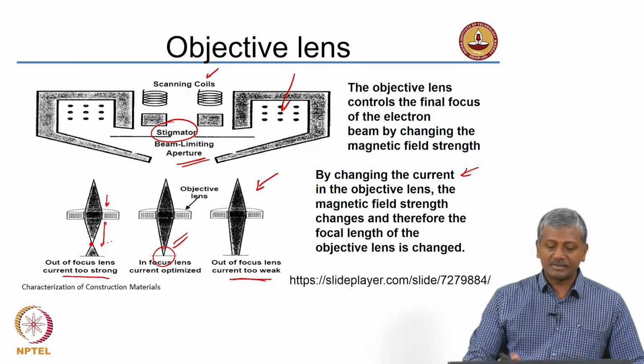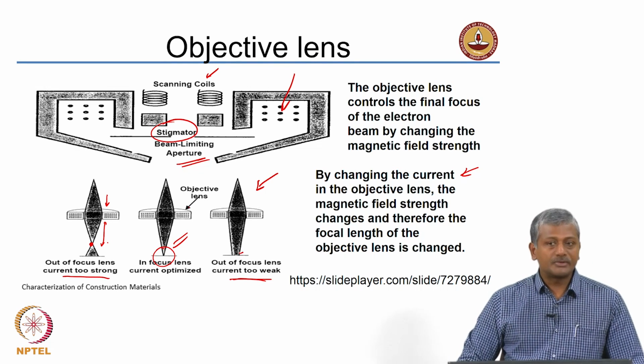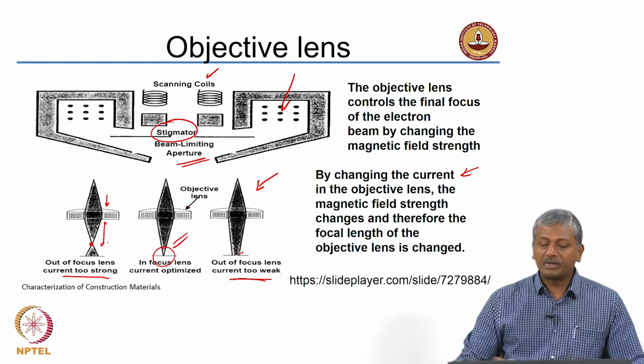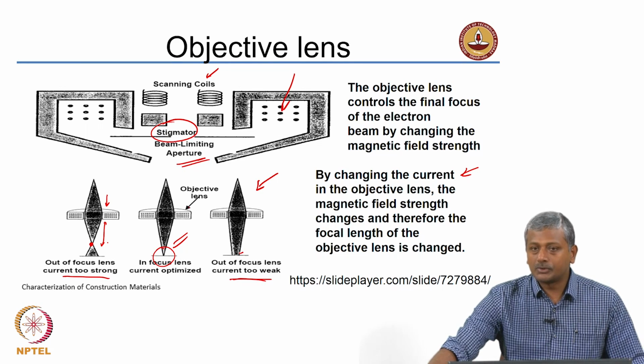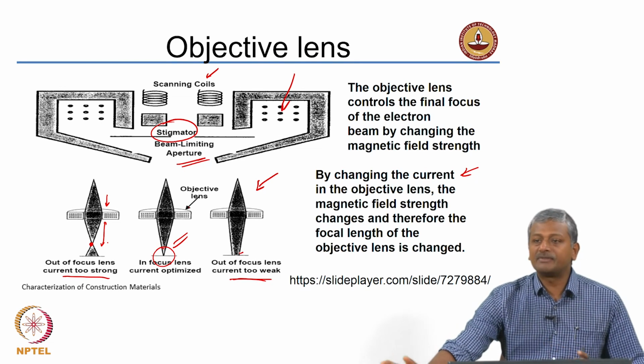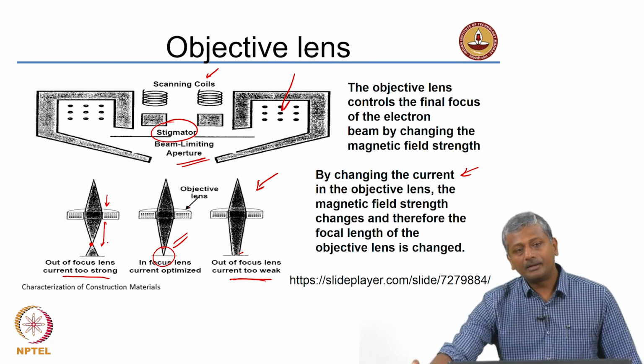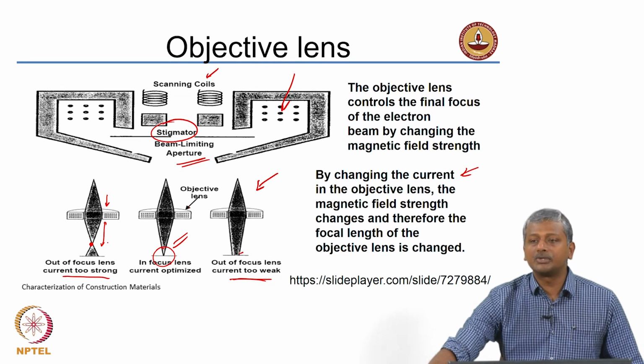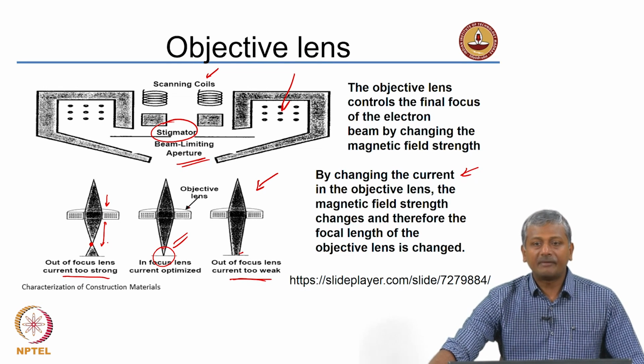If you have a longer working distance, your current becomes weak. As a result of stronger current, you ultimately get a better resolution. But please remember, you always have this compromise between resolution and depth of field. If you want greater resolution, you will have less depth of field.